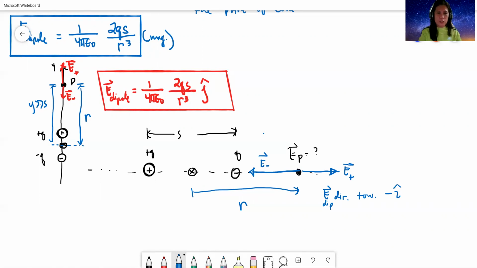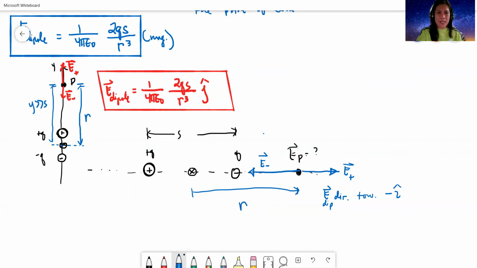So you need to determine the magnitude of Q and the separation so that you can get the field. So that's the limitation of this equation. And we'll only focus on idealized cases such as this. That's the level of college physics for you. Ayan.